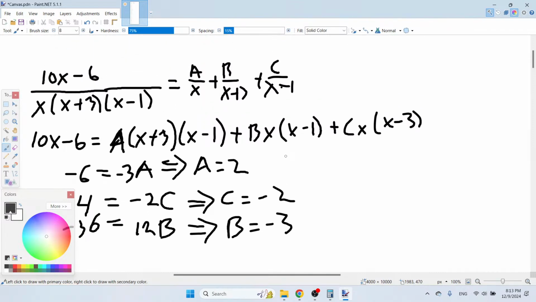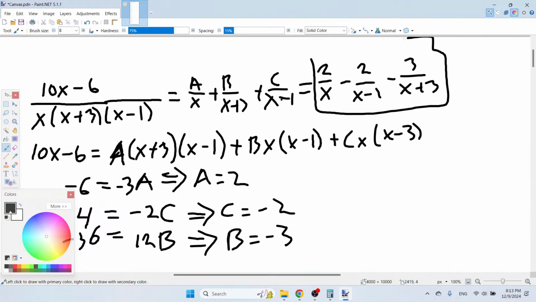So this means that our partial fraction decomposition is going to be 2 over x minus 2 over x minus 1 minus 3 over x plus 3. There's our answer.